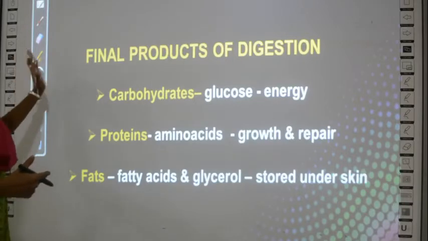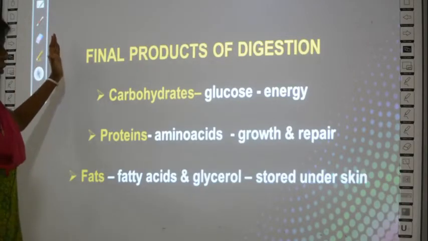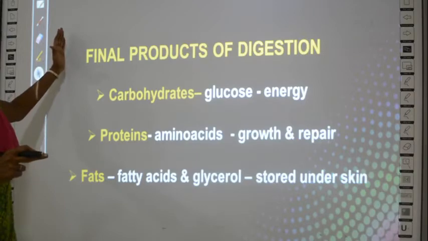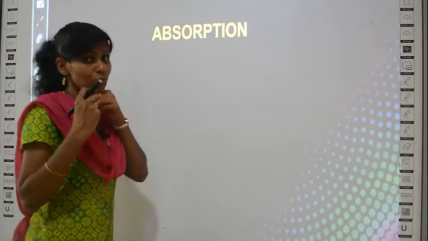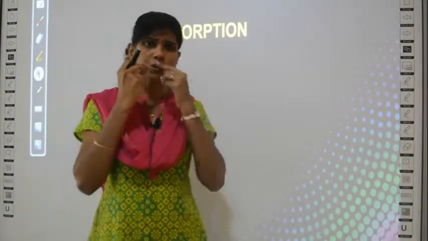Next, digestion and ingestion are done. Now we will see a step called absorption. What is this absorption? The food you eat through the mouth goes into the stomach. But why should the blood take it? You eat because each cell of your body needs the nutrients.